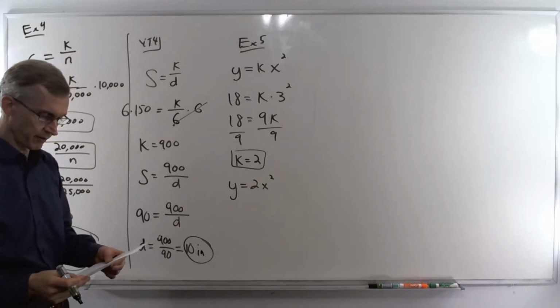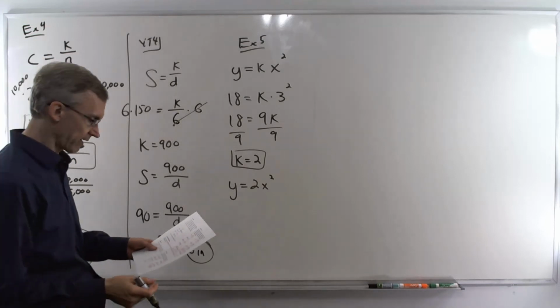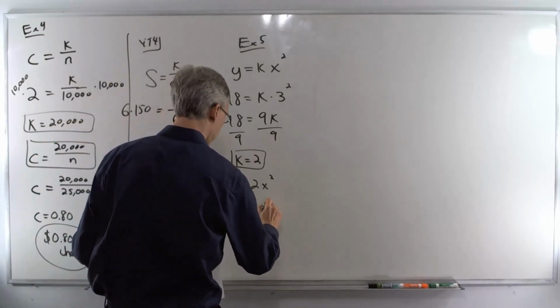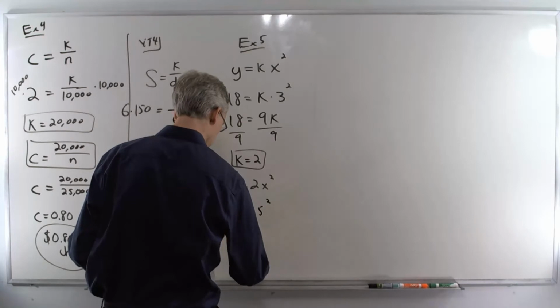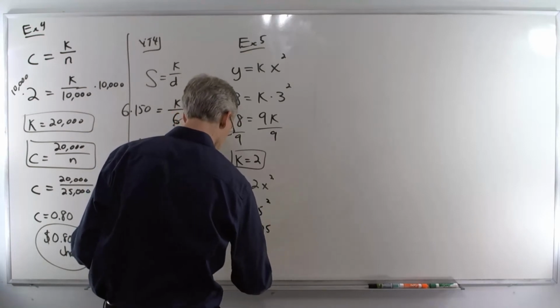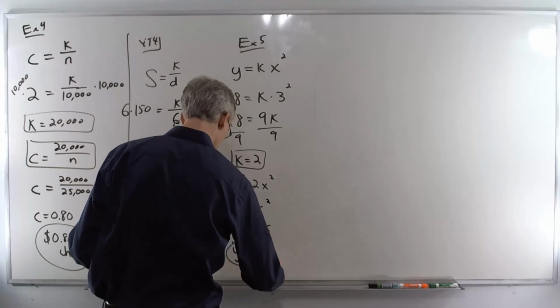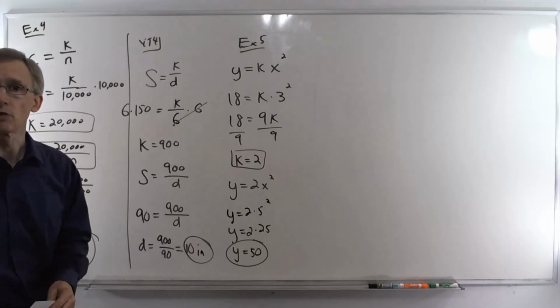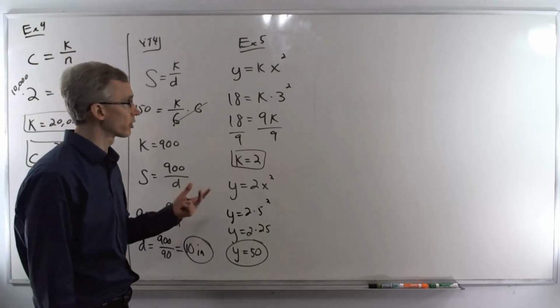Now we want to know what's the value of y when x is 5. So we're going to plug in 5 for x. So y equals 2 times 5 squared, or 2 times 25, and y is 50.